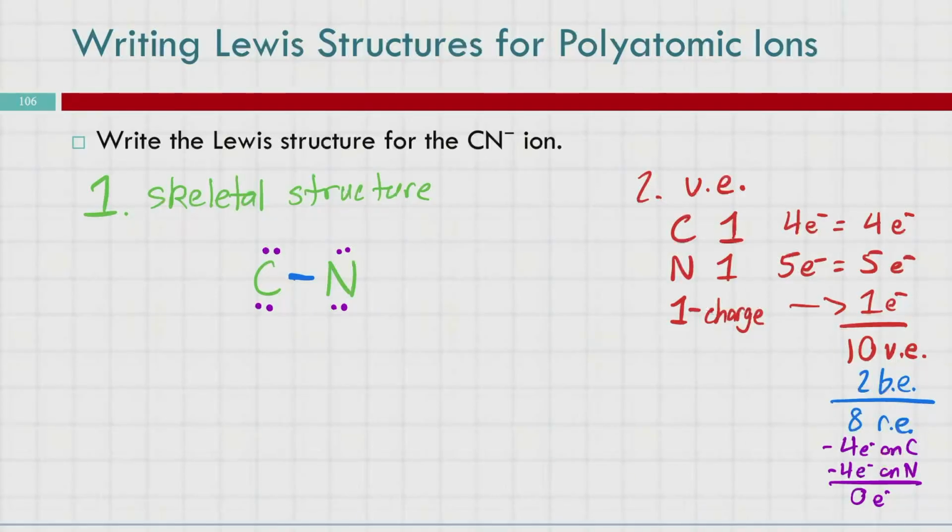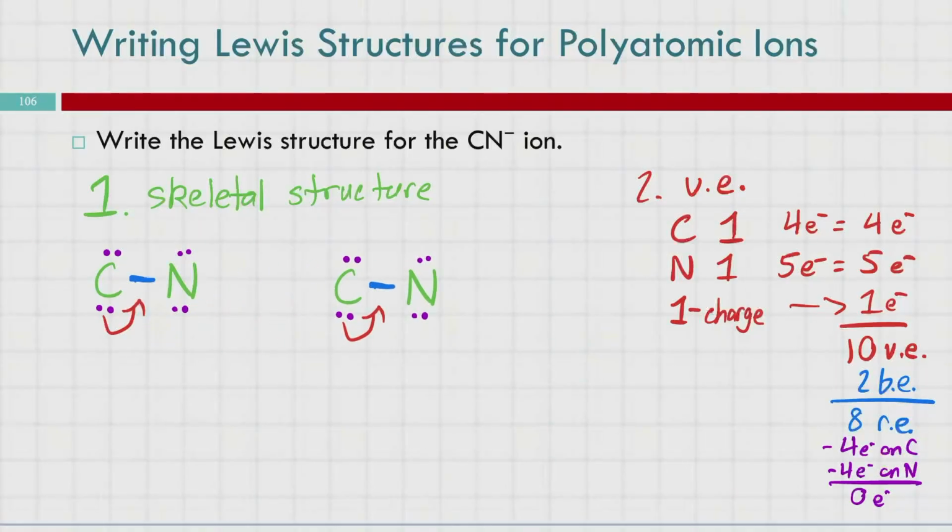If this is all the electrons we have, how can we increase those numbers? How can we get those counts up? Another bond. That's exactly right. So we're going to move some electrons in, and let's see what this looks like. So this would look like that.